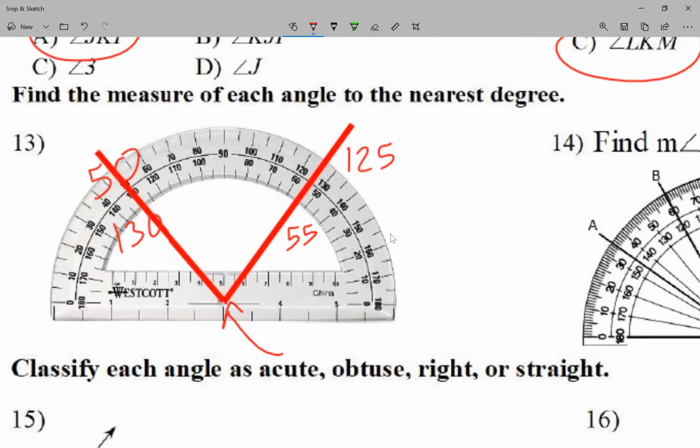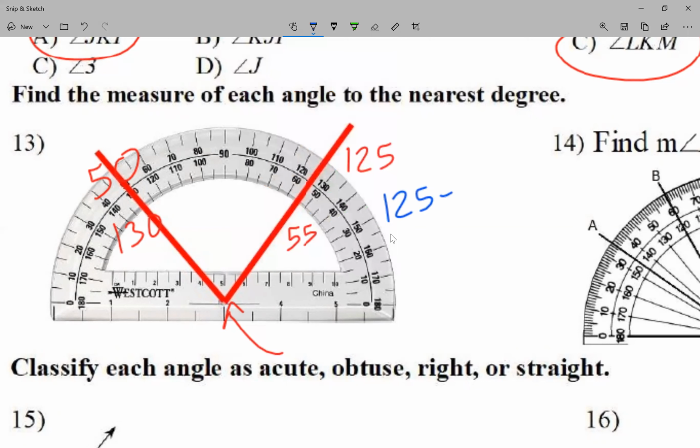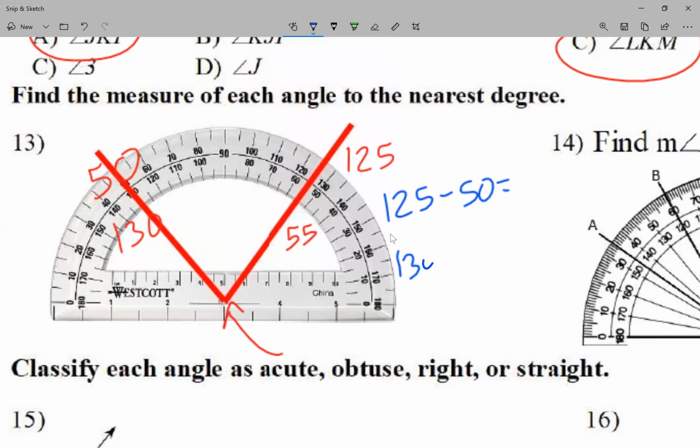Now, for us to be able to measure an angle, we're going to subtract the numbers. Either use outside numbers only or inside numbers only. What do I mean by that? If I use outside numbers, I will go 125 minus 50. If I use the inside numbers, I will go 130 minus 55.